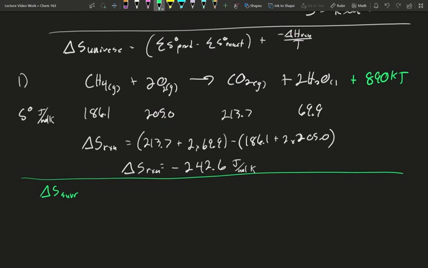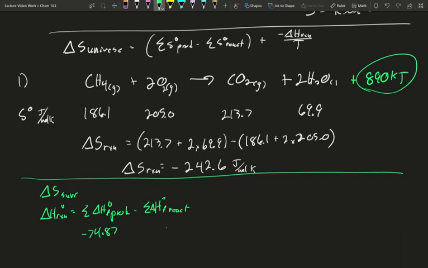Well, for that we need to calculate delta H normally. That would be that the delta H of your reaction is going to equal the sum of the delta H of formation of your products minus the sum of the delta H of formation of your reactants. The same way we just solved the delta S of reaction from its standard values, we can solve delta H from formation values. Given here, it's 890, but if we wanted the values, methane is negative 74.87.